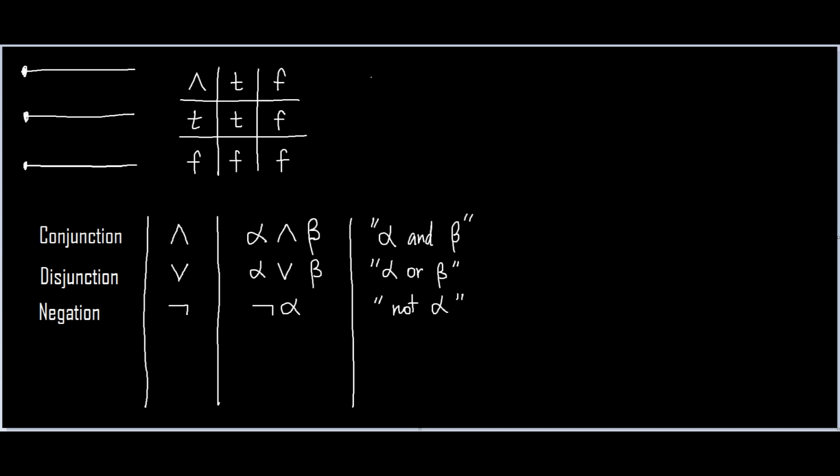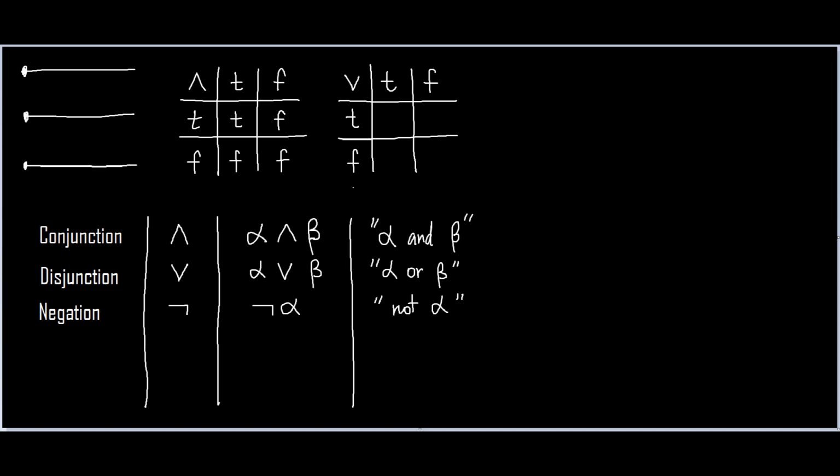And for disjunction, let's see what the truth values there will be. Again, rows represent truth value for alpha and columns for beta. So alpha or beta will be true in all the cases except one case when both of them are false.